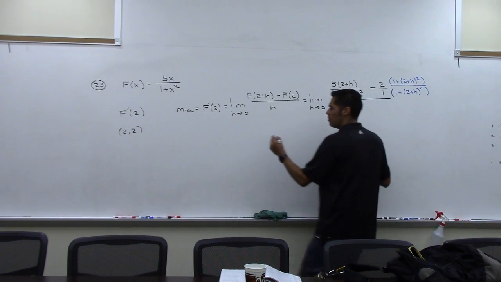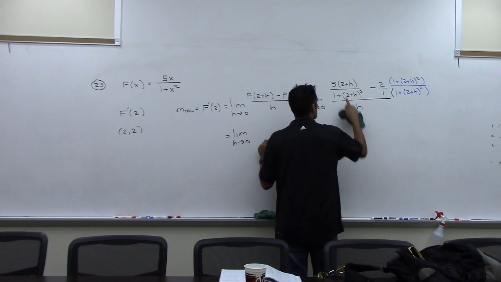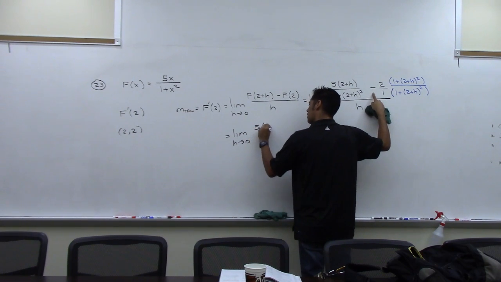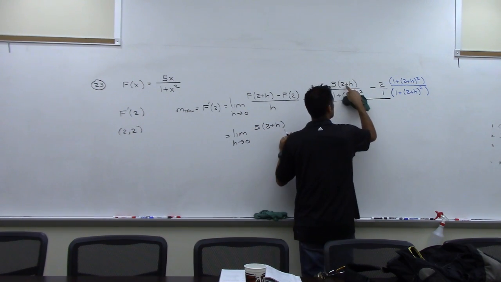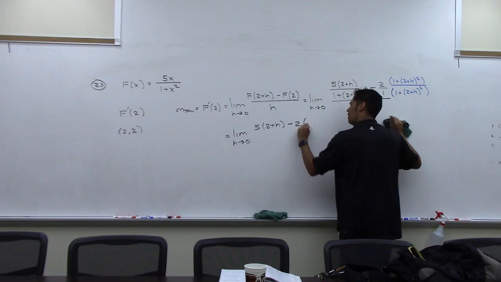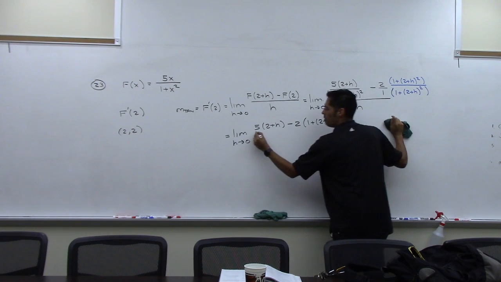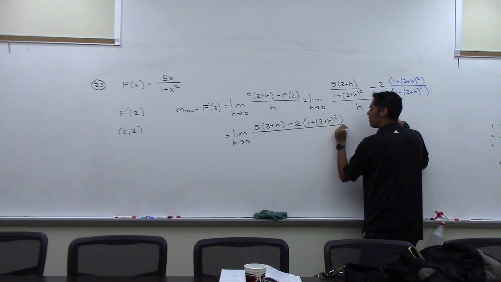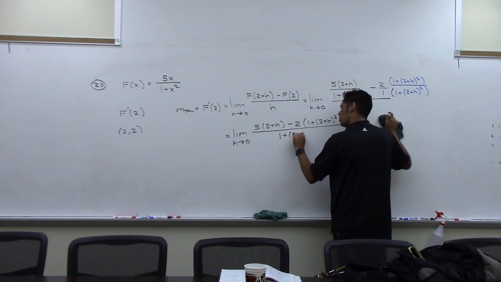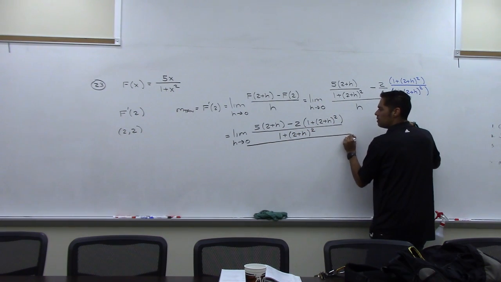So my next line will be the limit as h goes to 0 of this numerator minus that numerator. So 5 times 2 plus h, it's this, minus 2 times all that, 1 plus 2 plus h squared, all of that divided by my common denominator, which is 1 plus 2 plus h squared, but then all of that divided by h.